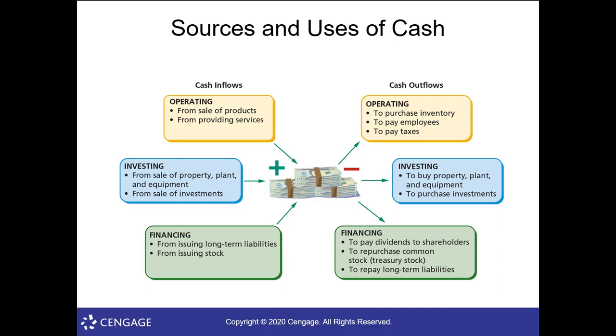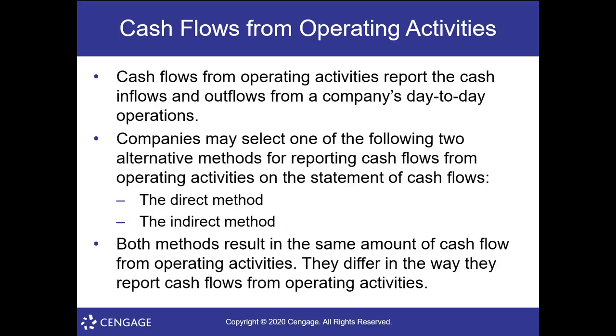Investing outflows are buying new tangible property, plant, and equipment, intangible assets like patents, trademarks, copyrights, and the like, and purchasing long-term investments. And then financing is issuing long-term debt or issuing new stock. Outflows include paying dividends to shareholders, buying treasury stock, or repaying the long-term loans.